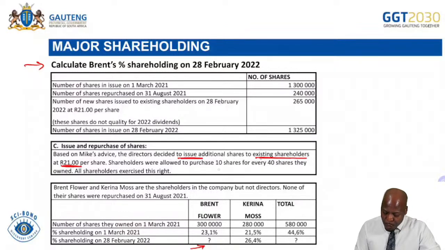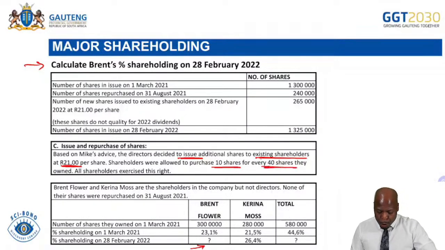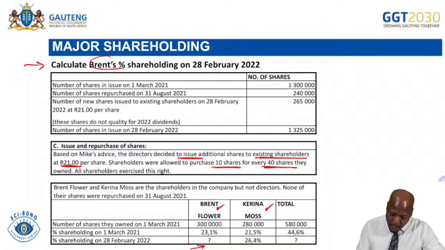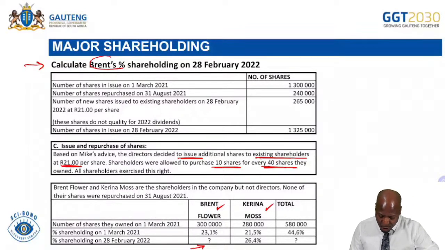Shareholders were allowed to purchase 10 shares for every 40 shares that they owned. Brent Flower and Karina Moss are shareholders in the company, but not directors. None of their shares were repurchased. Now we want to calculate Brent's percentage shareholding.